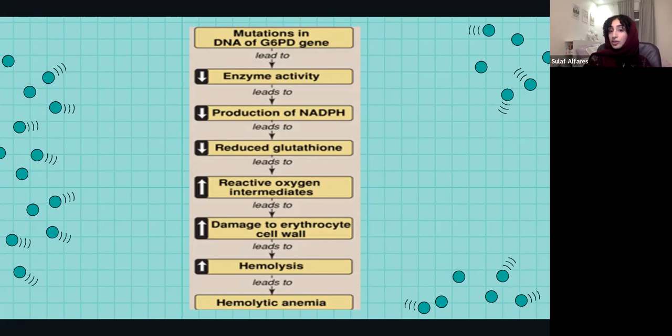If we have a mutation or a deficiency in G6PD, it's going to lead to a decreased enzyme activity, which means less NADPH, which means less reduced glutathione, more reactive oxygen species, more cell wall damage, and more hemolysis. Okay? Does this make sense? Is everything clear? Just tell me if everything is clear or if you need me to repeat anything up to this point. Yes. Okay, perfect.